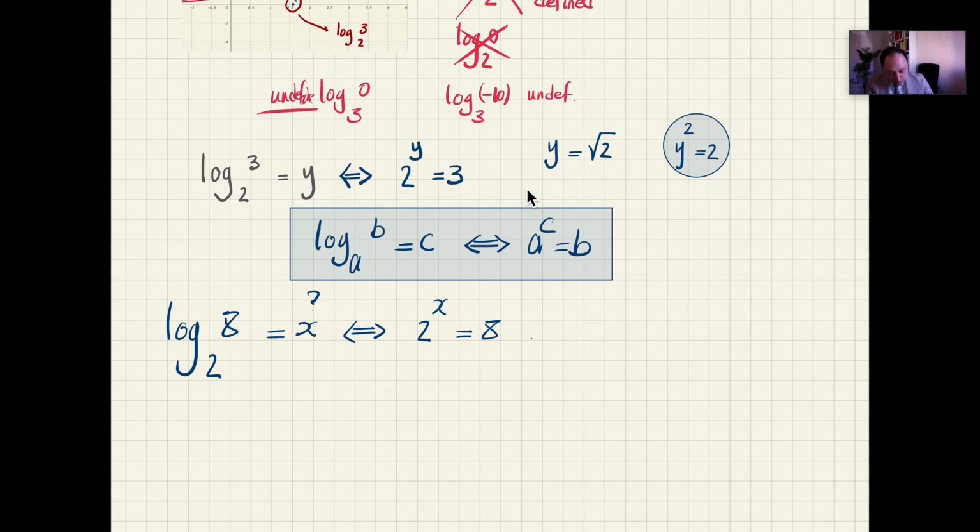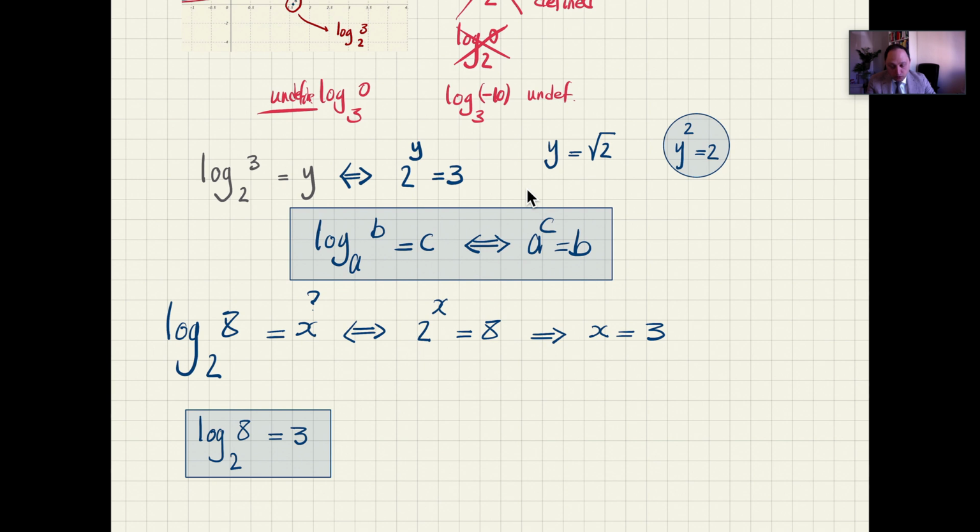Now, can you tell me what is x? x is 3. So this means that if someone asks you what is the log of 8 in base 2, the answer simply is 3. Do you agree?